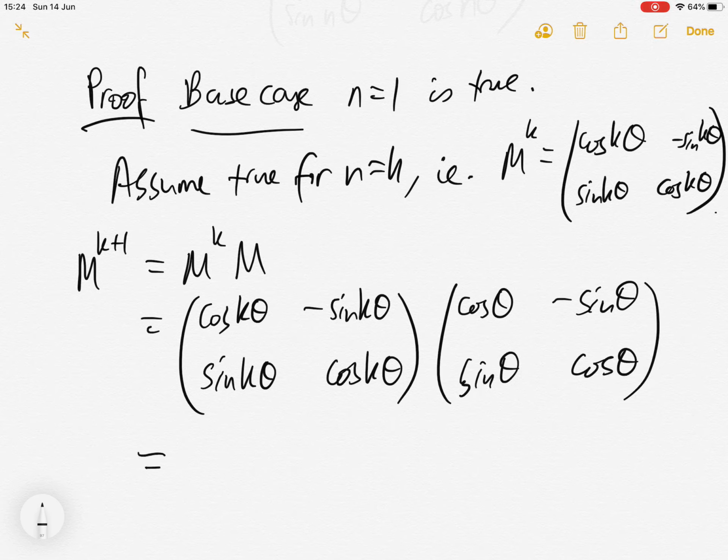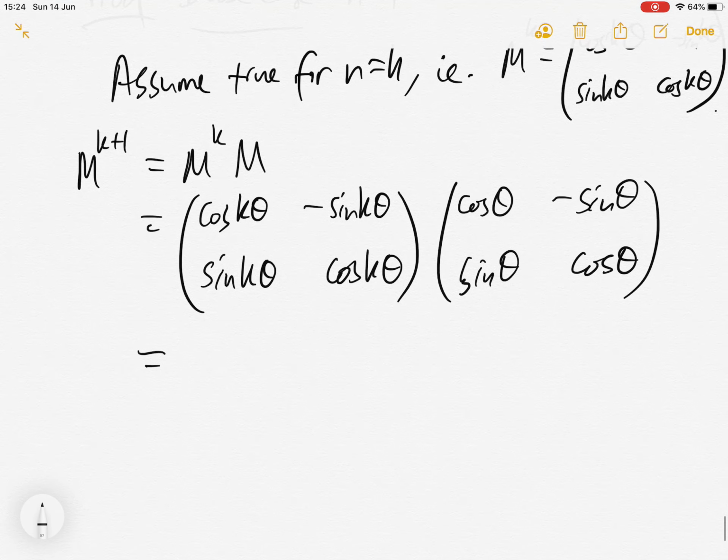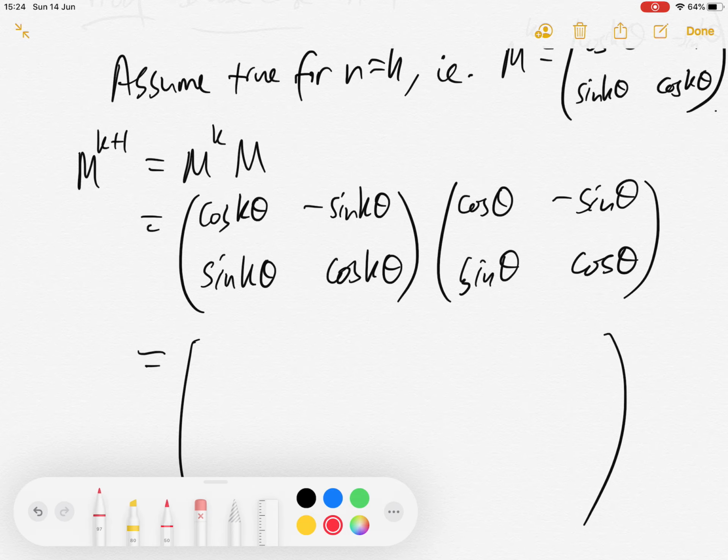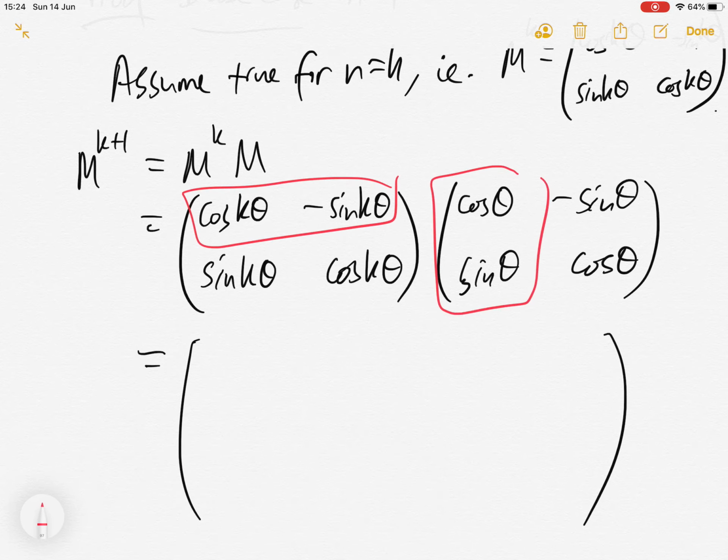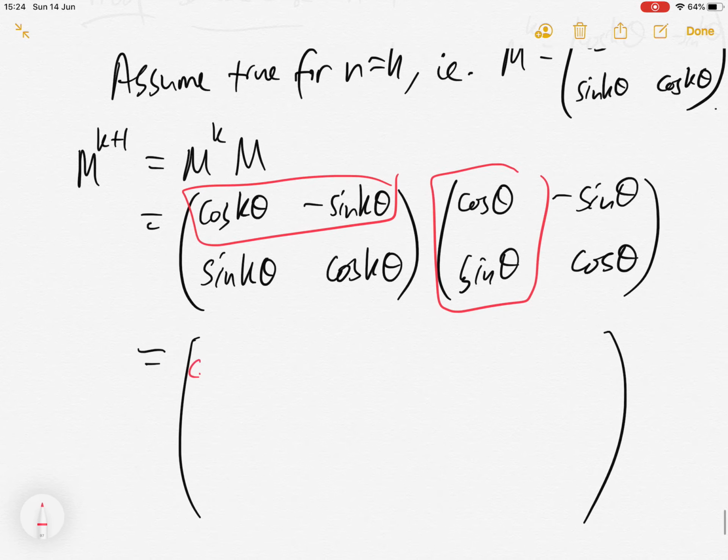So now we have to multiply these together. Remember, we're aiming for the same format as M to the k, but with k plus 1 in place of k everywhere. So let's multiply these out carefully. The top left entry is first row, first column. So we get cos k theta cos theta minus sine k theta sine theta.